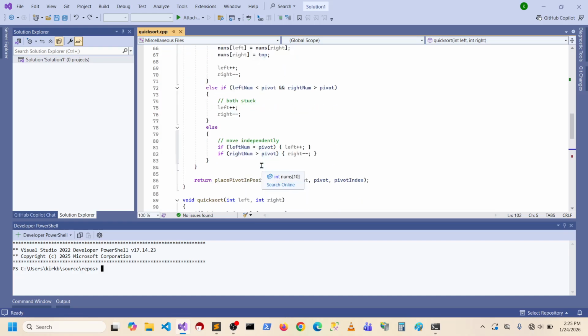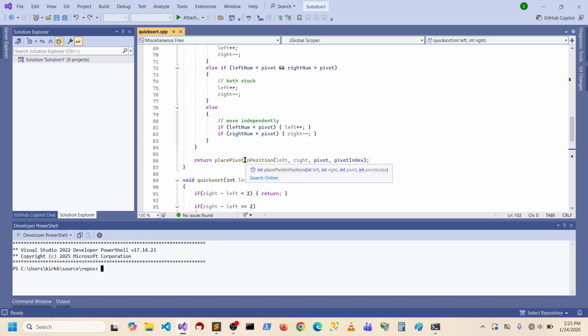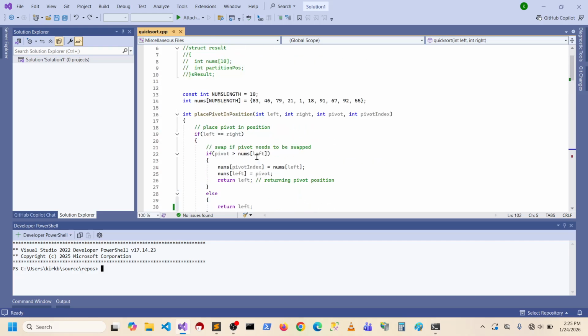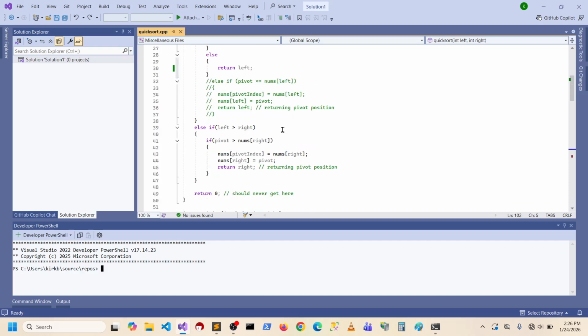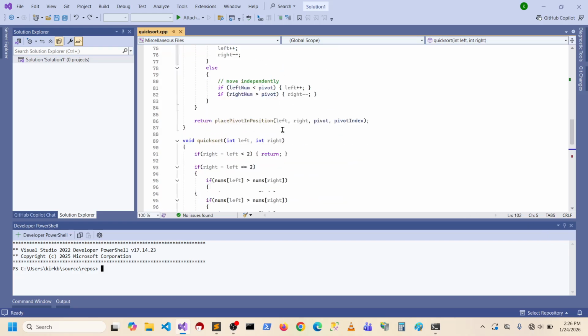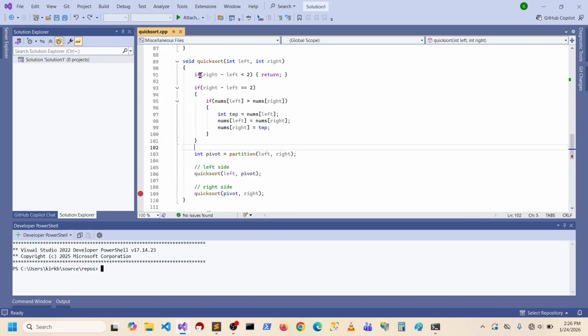So it would go down here, place pivot position, and pivot is greater than that. Let's try that. It looks like it'll do it, but I don't know how that affects other code.